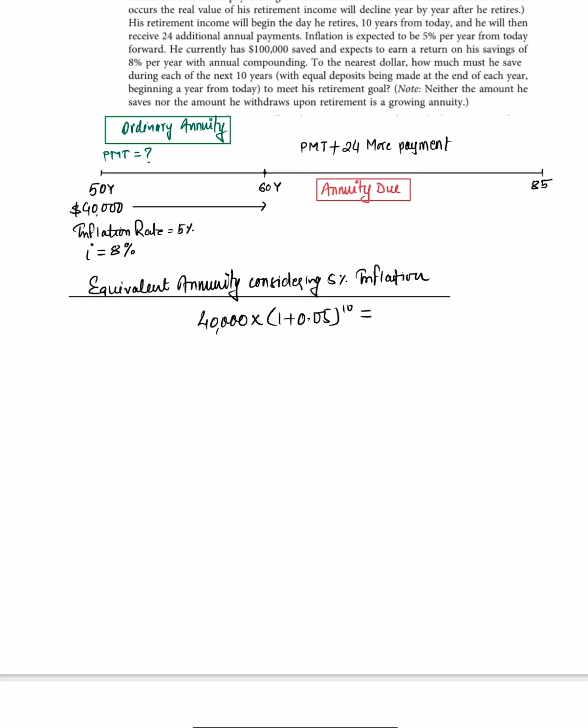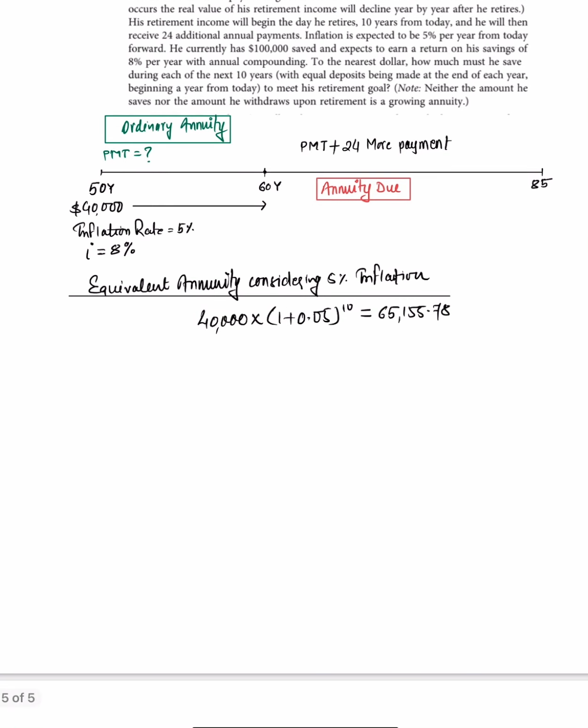Let's calculate: 40,000 times 1.05 to the power 10 is 65,155.78.